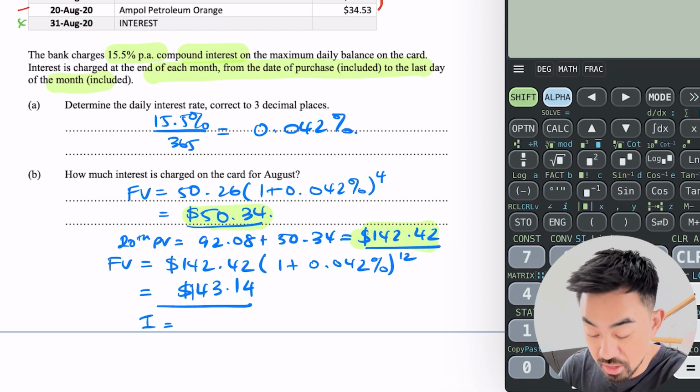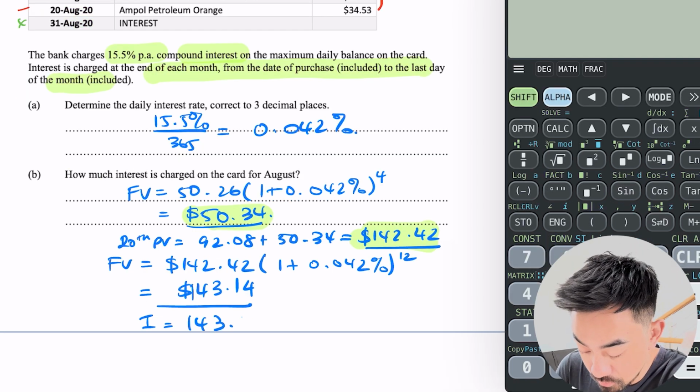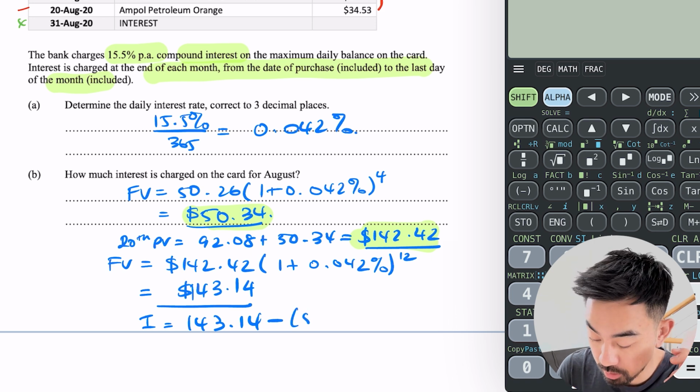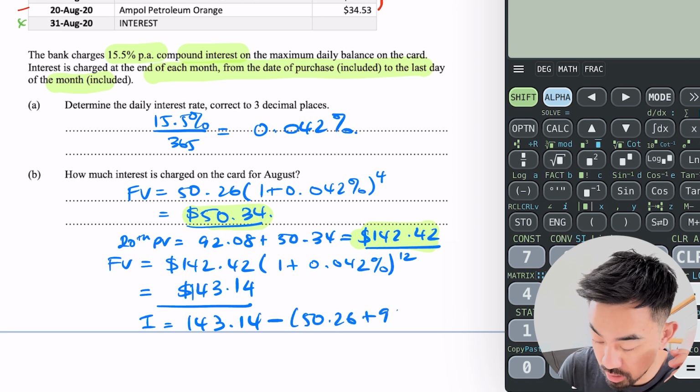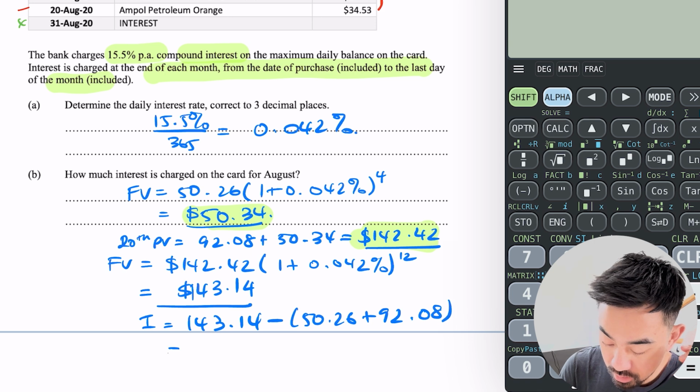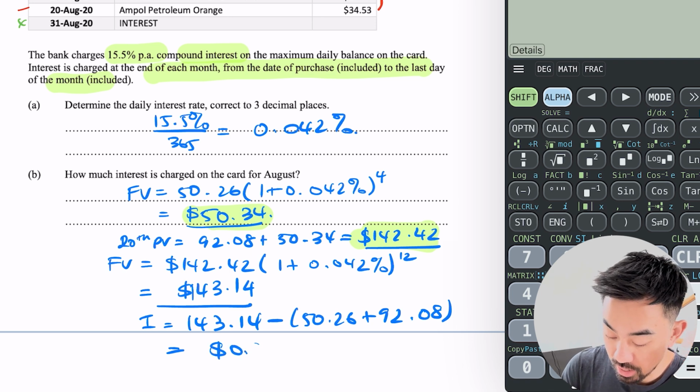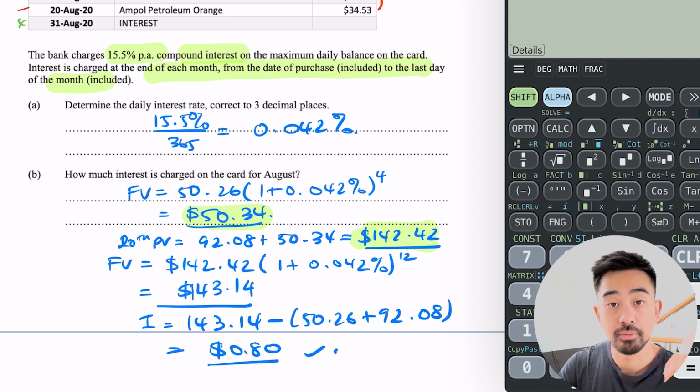All right, now to work out interest, all I do is get that number and I subtract away the total cost of the purchases. So what's that? That's going to be 50.26 plus 92.08. So 143.14 minus 50.26 plus 92.08. And you should get 80 cents. Done. All right, that's it for today.